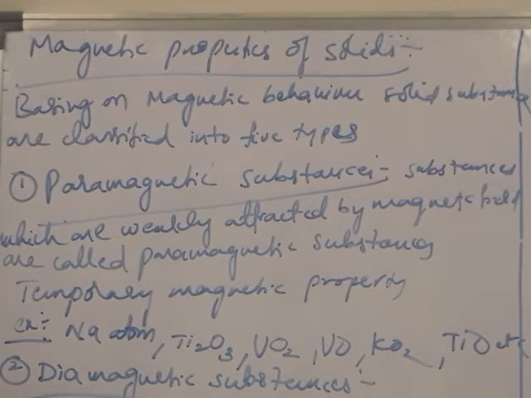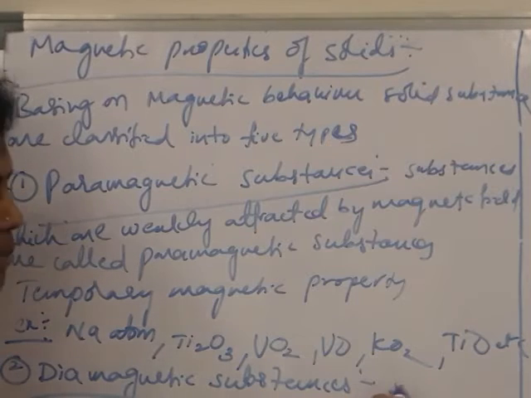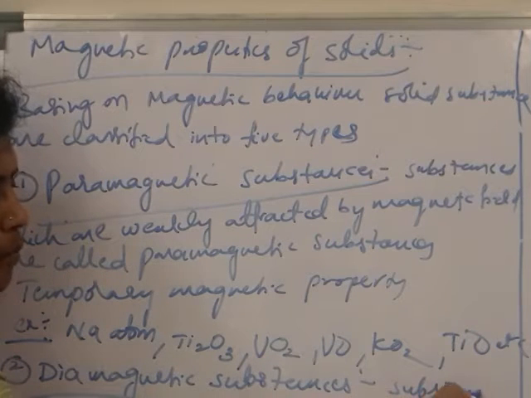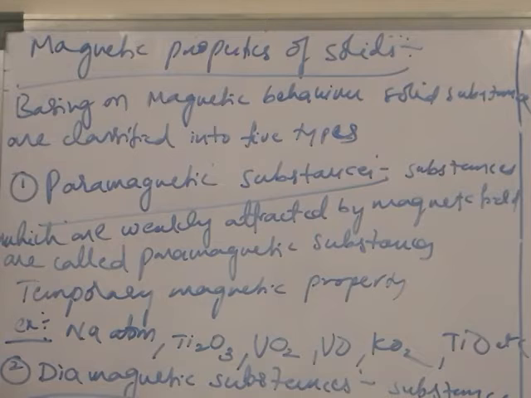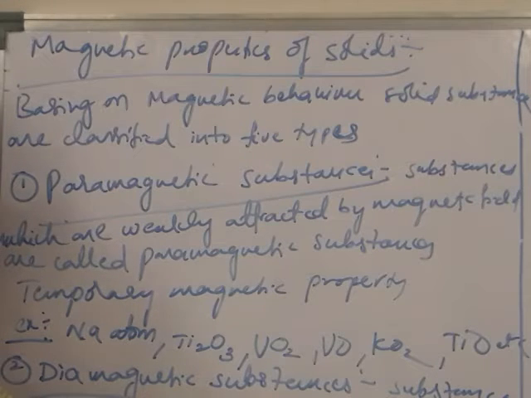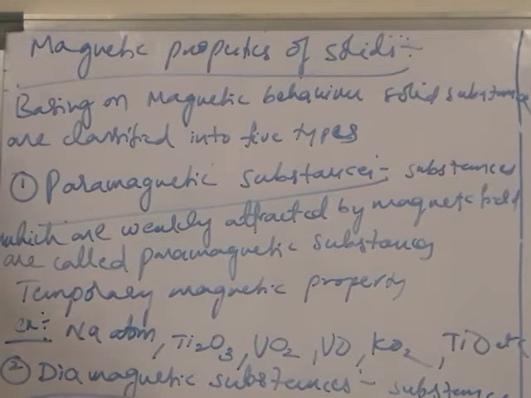So that's why diamagnetic substances are substances which are repelled by magnetic field. So substances which are repelled by magnetic field are called diamagnetic substances.